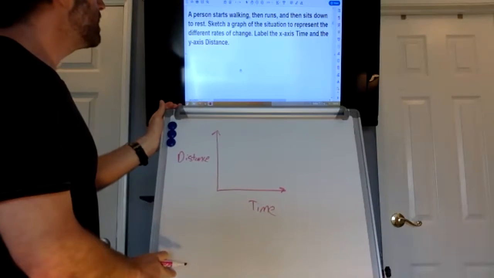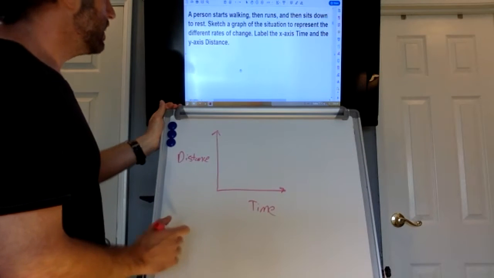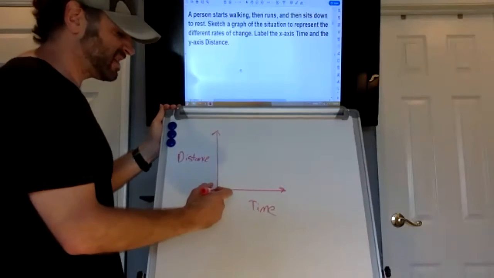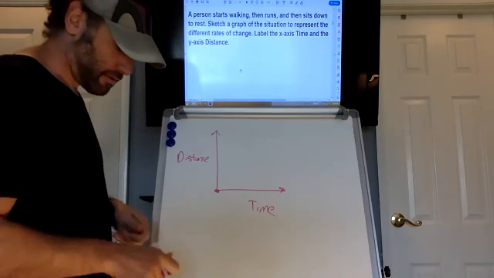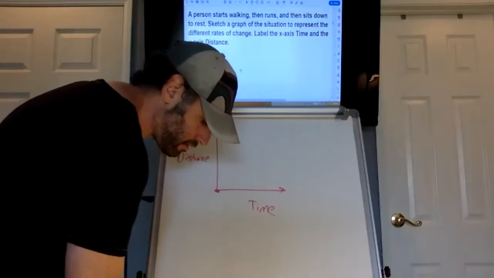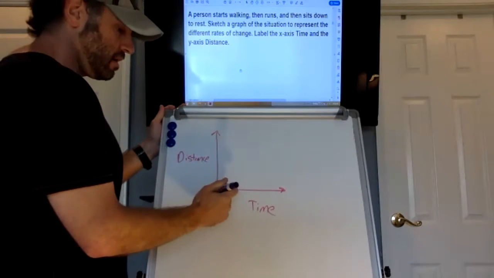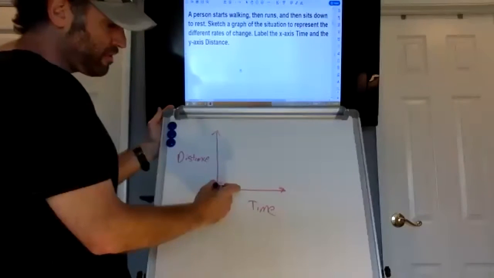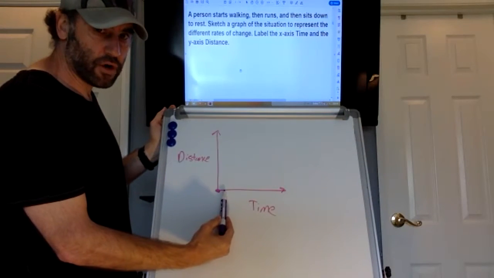Okay, so if a person starts walking, then let's say at 0 time they were starting here at 0, 0. Let's try to understand walking. Let's say a unit of time goes by. Watch my marker carefully. I'm moving over.